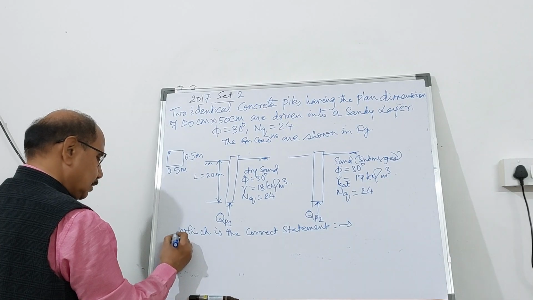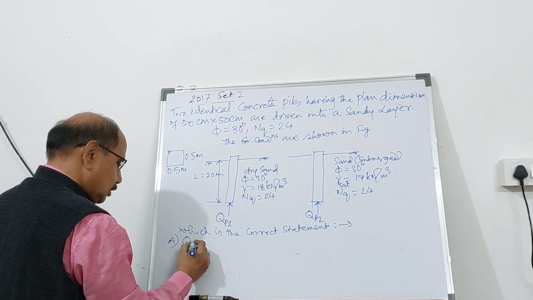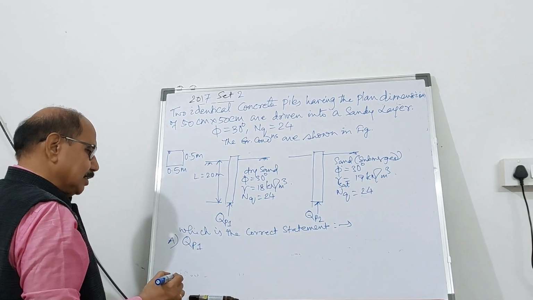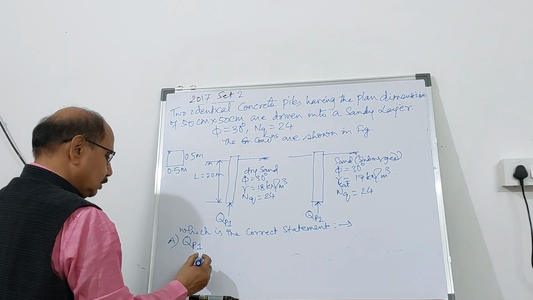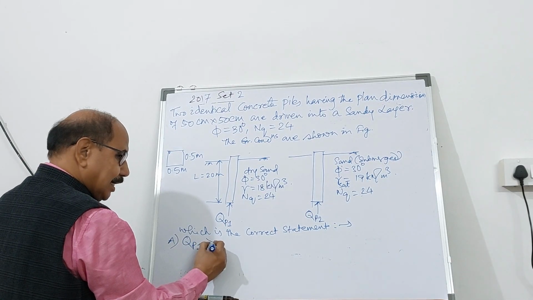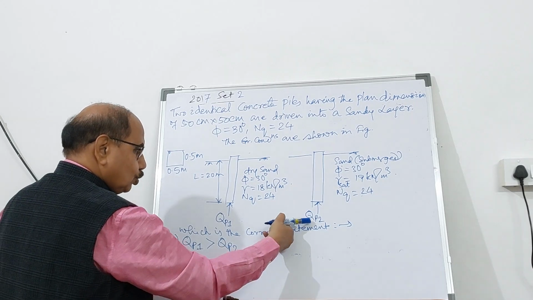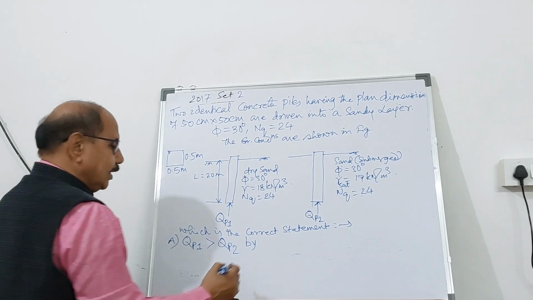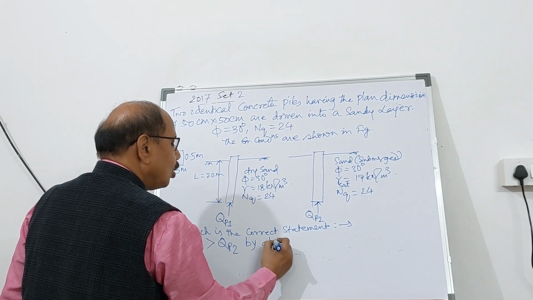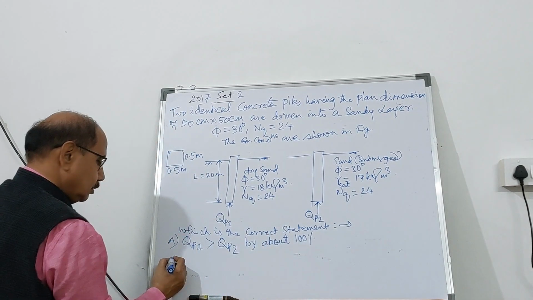A, QP1, the point bearing resistance of pile 1, is greater than QP2 by approximately 100%.